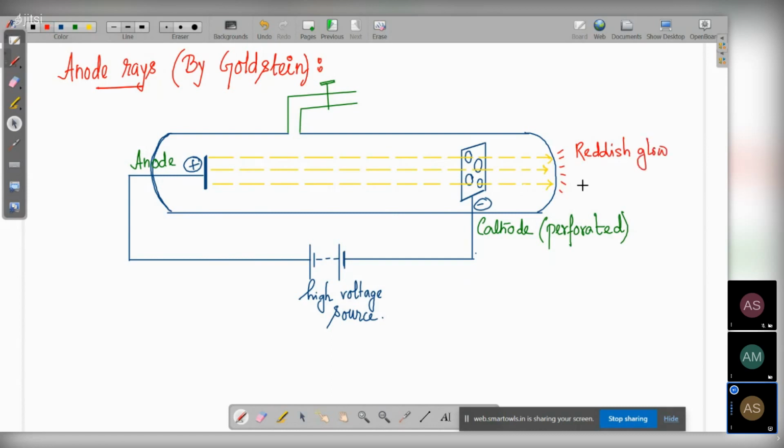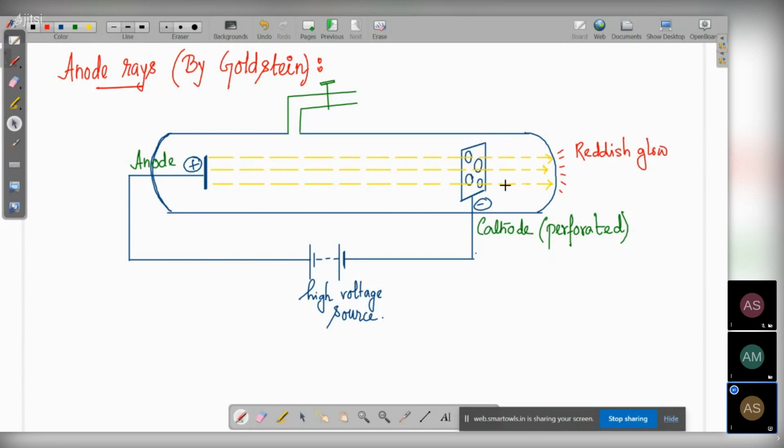So Goldstein said that there must be something coming out from the positively charged anode, which is moving towards the negatively charged cathode and striking the glass surface.